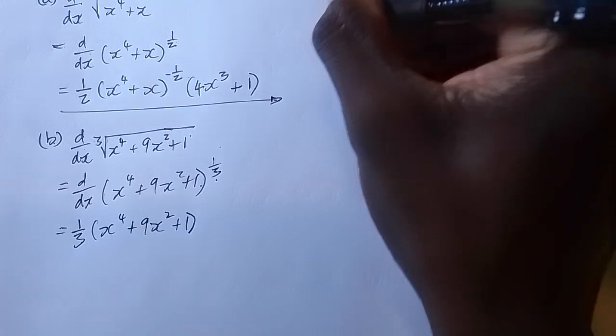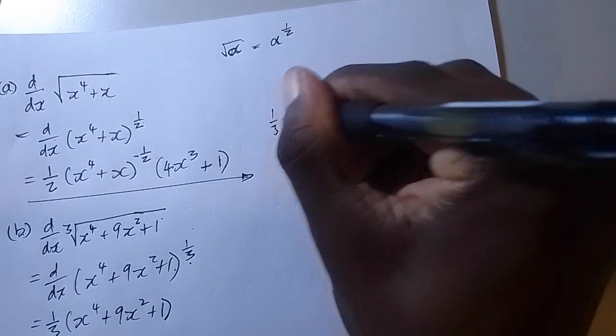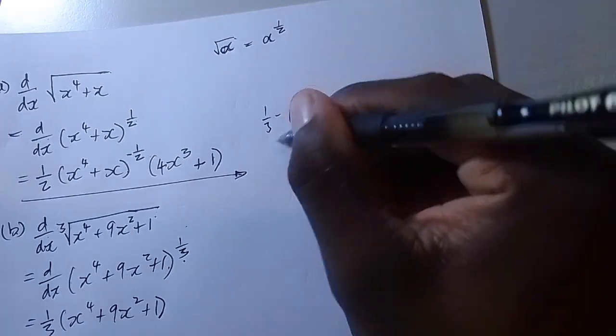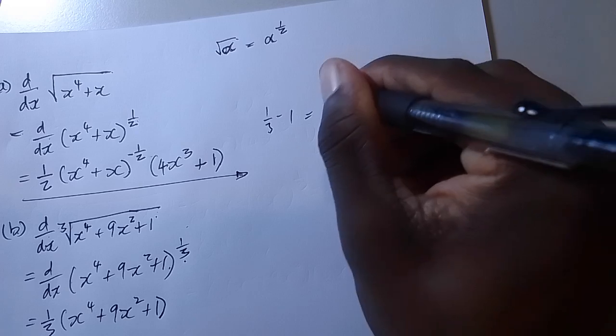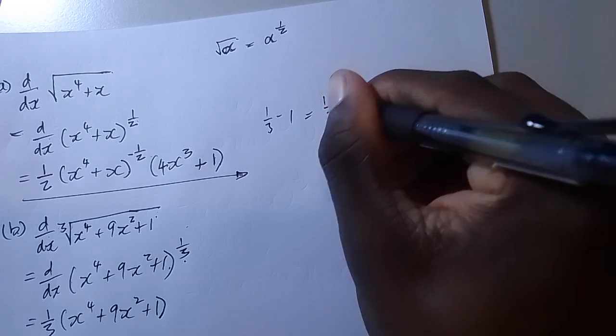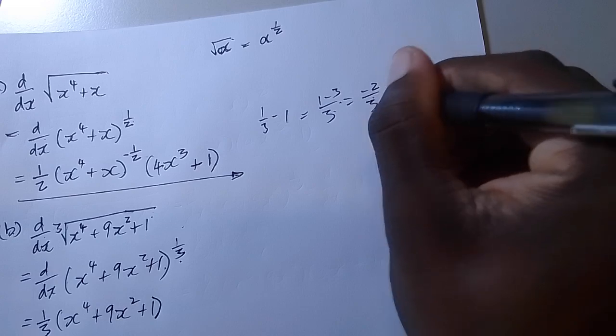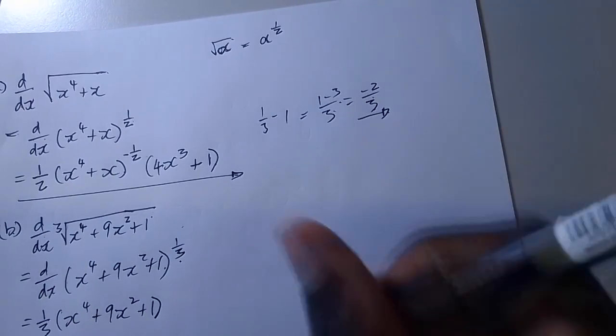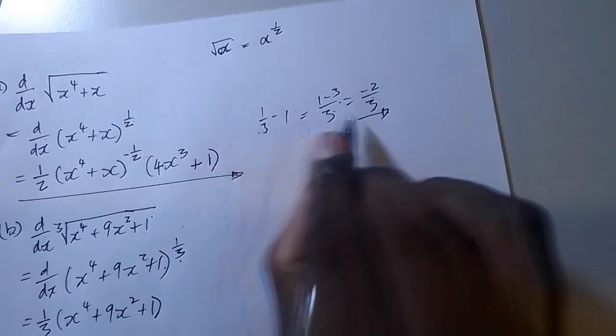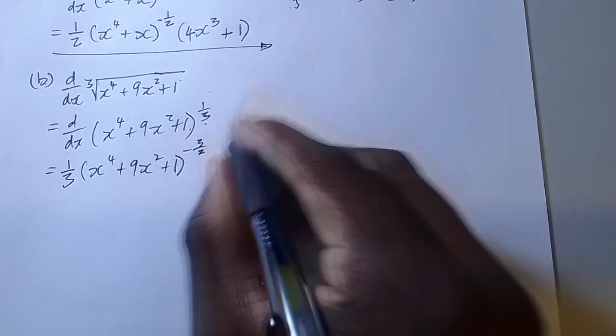That's 1 minus 3 over 3, which is minus 2 over 3. Because you multiply this by that to keep the same denominator. So the exponent is minus 2 over 3.